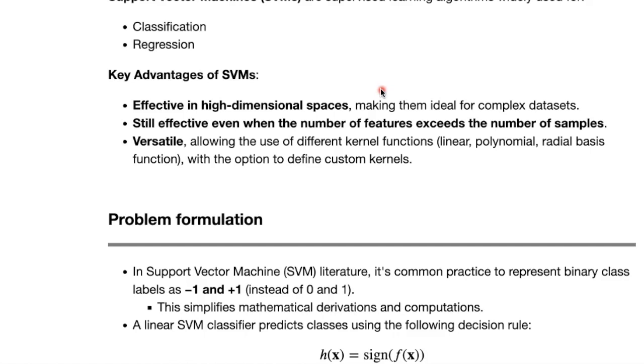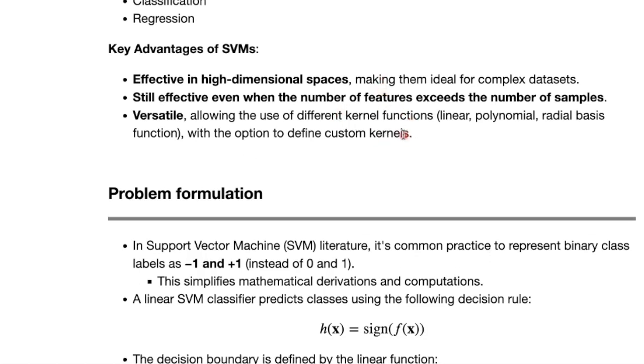And then the other nice thing about support vector machines is that they can solve both linear and nonlinear problems. We will discuss this in a little bit: we have something called a kernel function when using support vector machines.